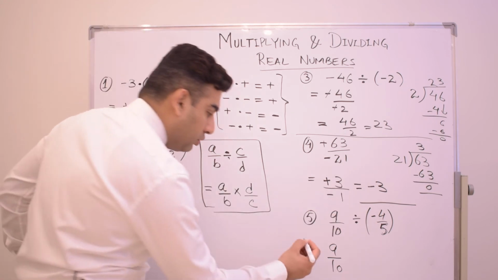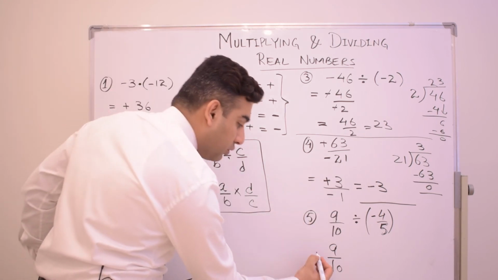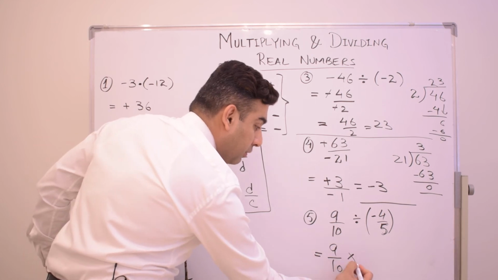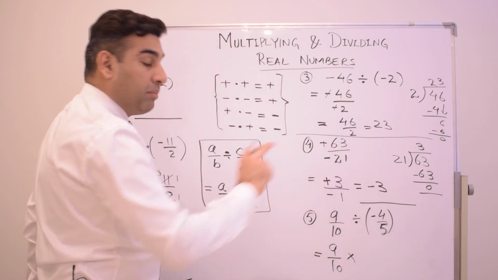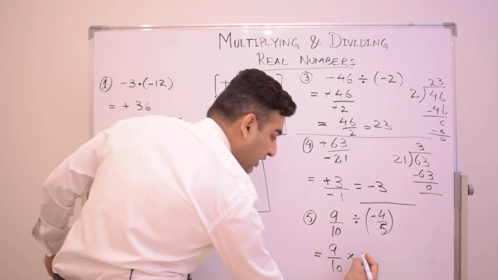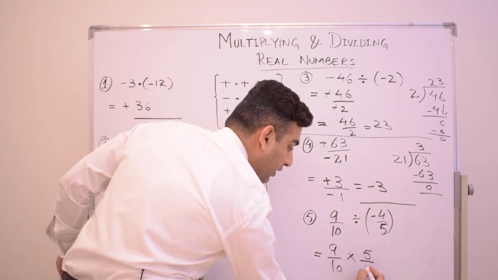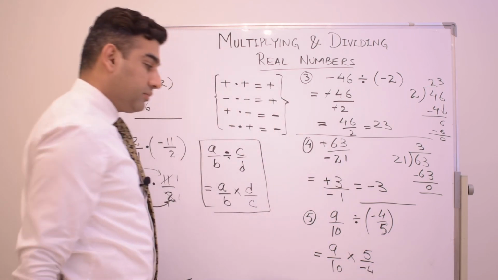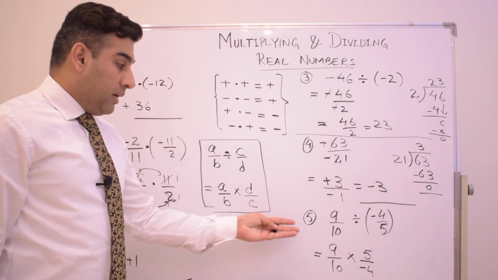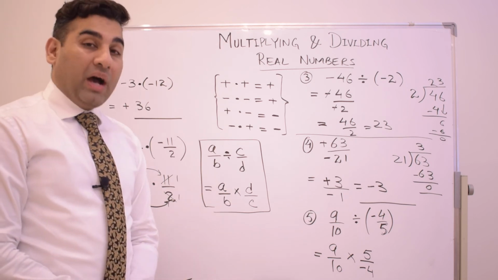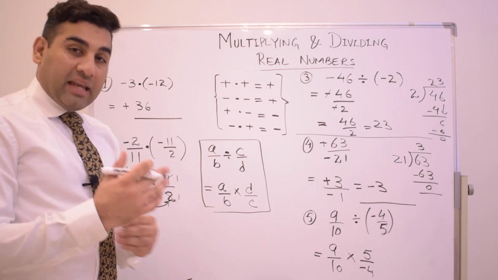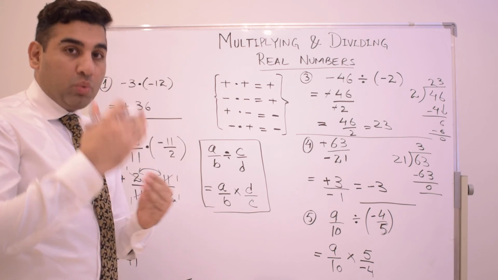So you apply this rule. How do you apply it? You change division to multiplication and you flip the fraction. So what will come? It will come 5 over minus 4. Now guys, you have to multiply the two fractions, but before multiplication you have to check if there is any simplification you can do in the numerators and denominators.